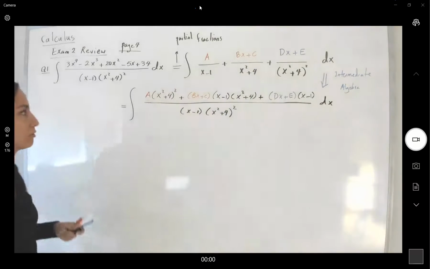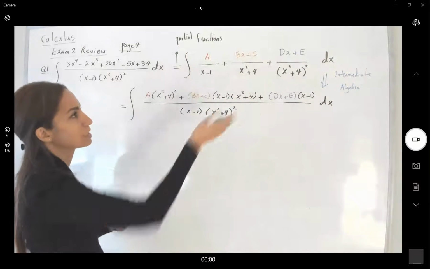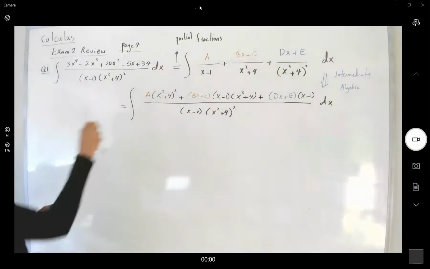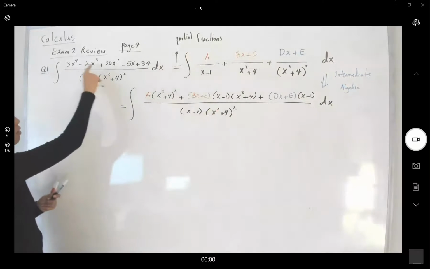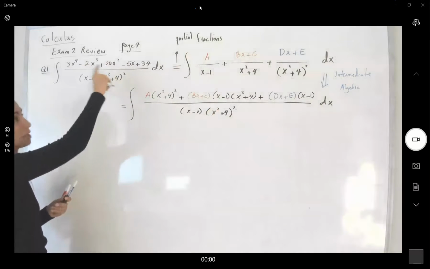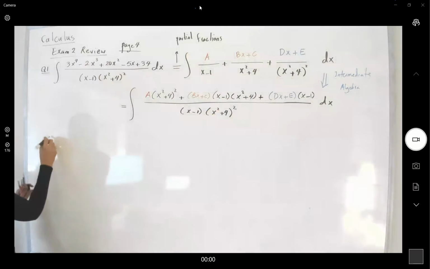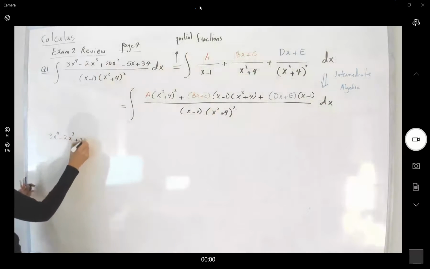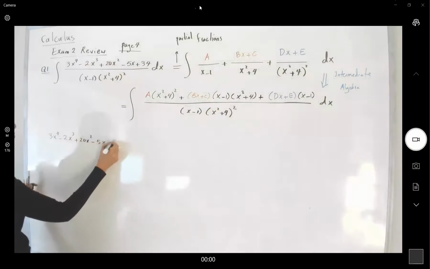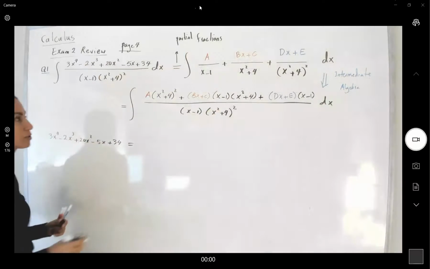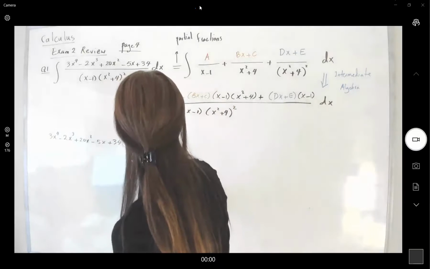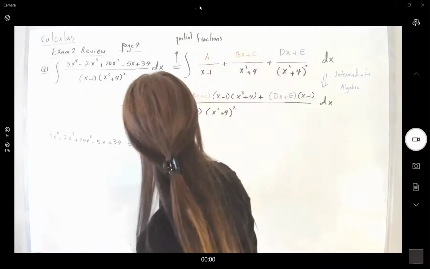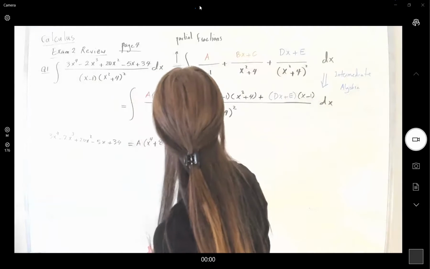Now your job is to find what is A, what is B, what is C, what is D, what is E. So what we're going to do is write everything in expanded form and set it equal to our original numerator. On the left-hand side, you have 3x to the 4th minus 2x cubed plus 20x squared minus 5x plus 34, which must be equal to A times x to the 4th plus 8x squared plus 16.